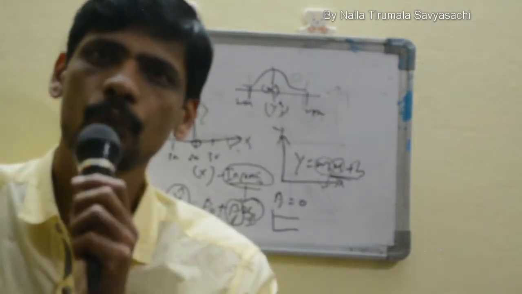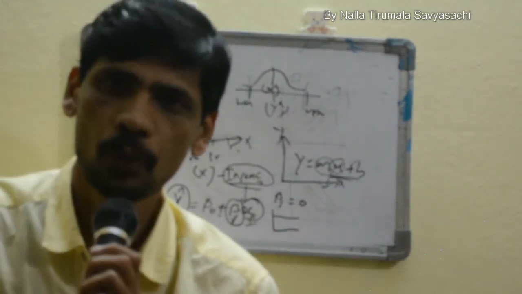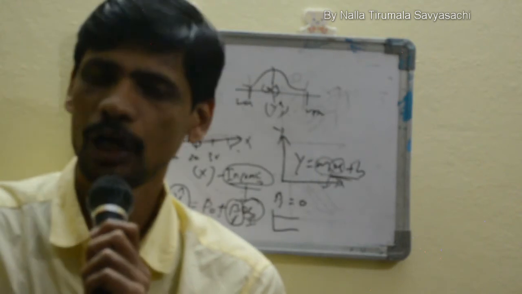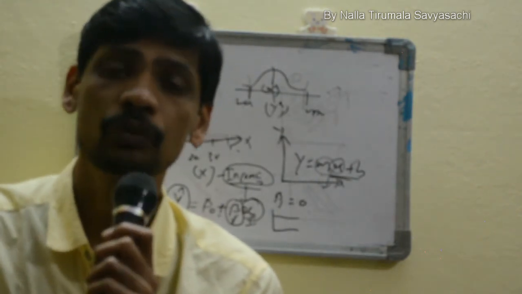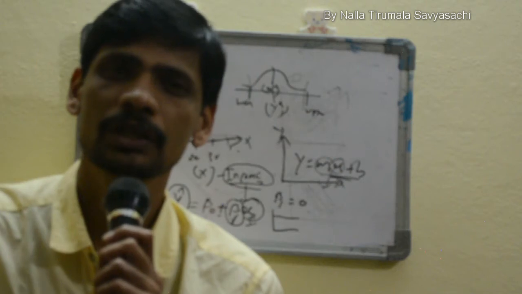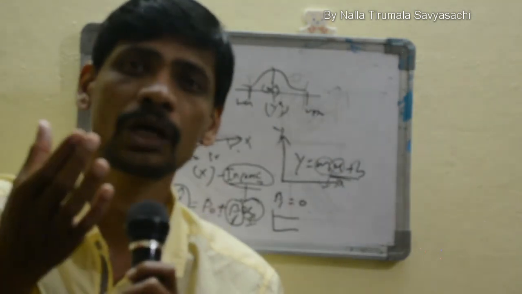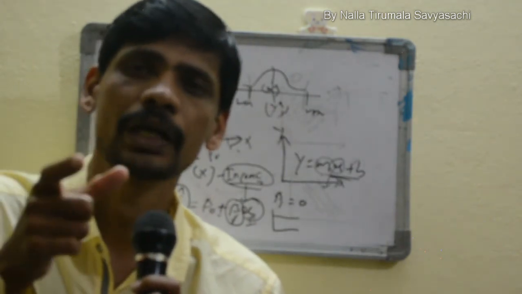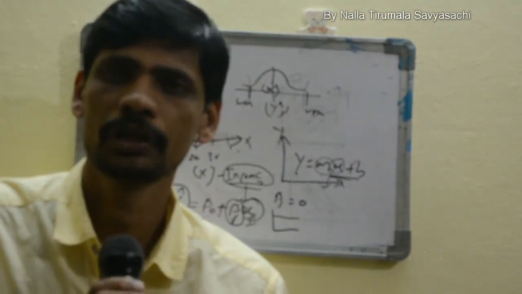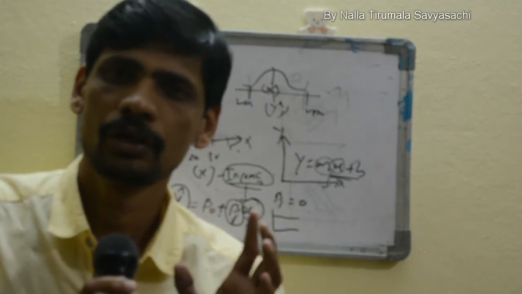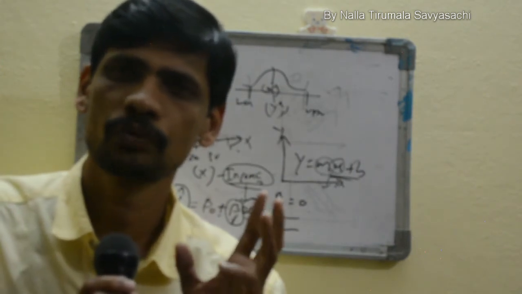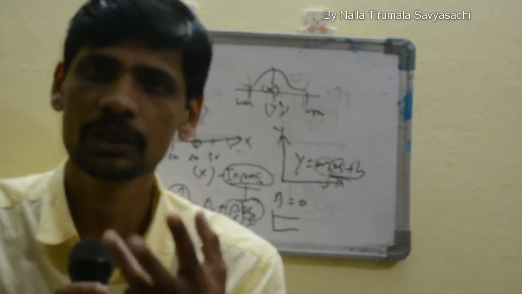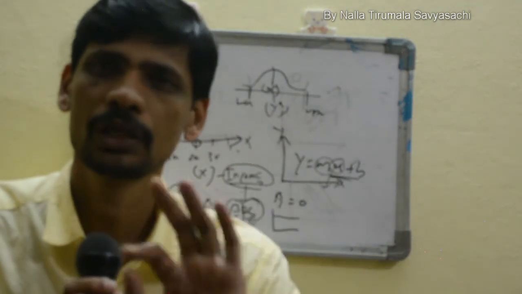Now we know the objective of regression analysis. The objective, or why we are trying to understand regression analysis, is to predict the dependent variable from a given random independent variable. That means if you are given some random income value, you are going to predict the investment value of that person.